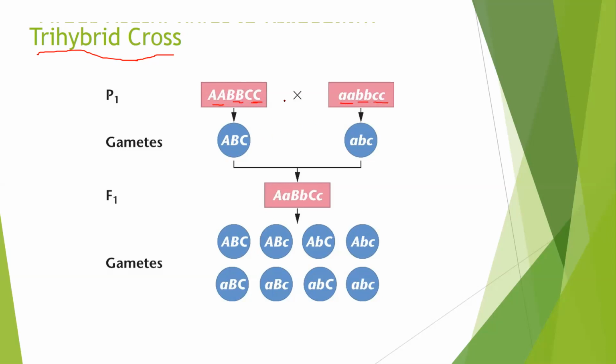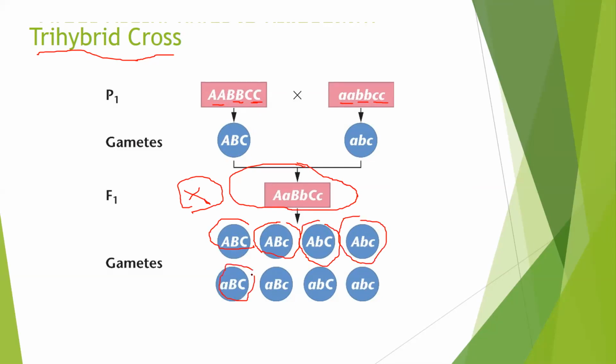If we cross these 2 parents, we get the F1 trihybrid, and then if we do selfing for this one, each parent will generate this many possible gametes. So why 8?